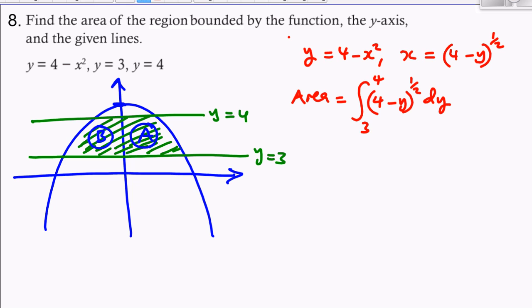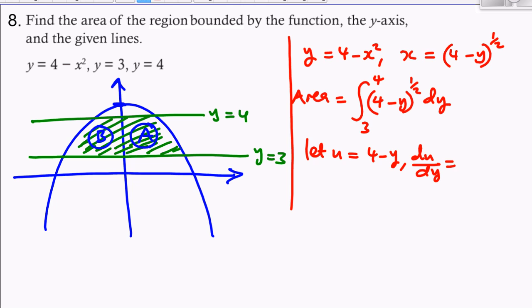Again, by substitution, let u be equal to 4 minus y. So du over dy will be equal to negative 1, which means dy will be negative du.